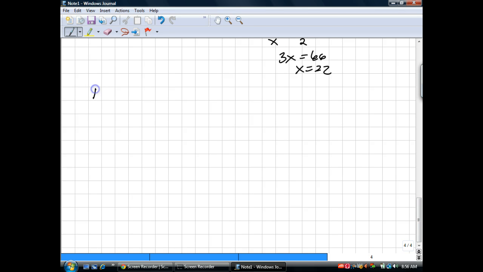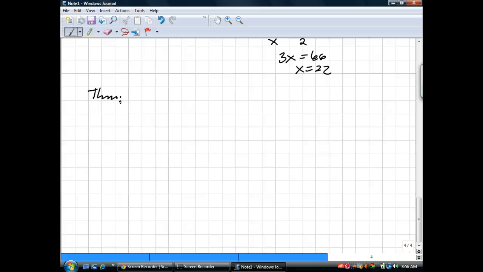Our next theorem comes from the fact that we know if we have 3 parallel lines, if they cut off congruent segments on one transversal, then they cut off congruent segments on all transversals.